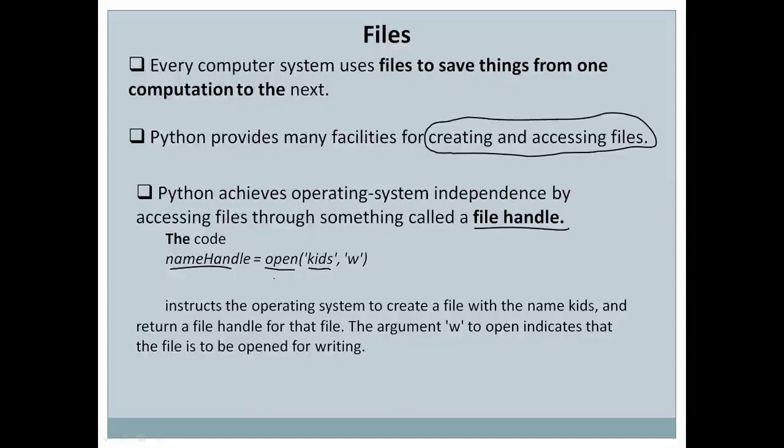So this particular function creates a file kids and opens it in write mode, and assigns the file handle to the variable name handle. So it creates a file, opens it in the write mode, and creates a link to that file, and it will store that link or handle to that file in a variable called name handle.